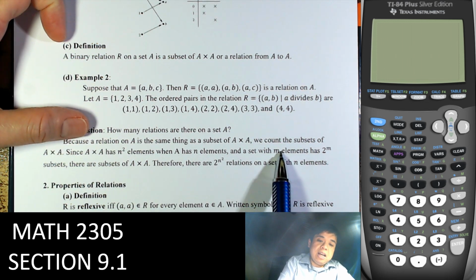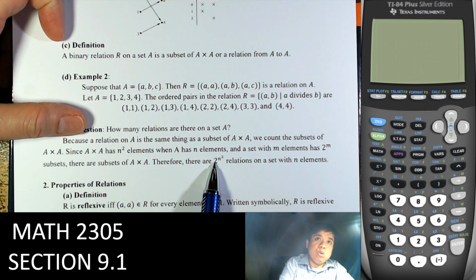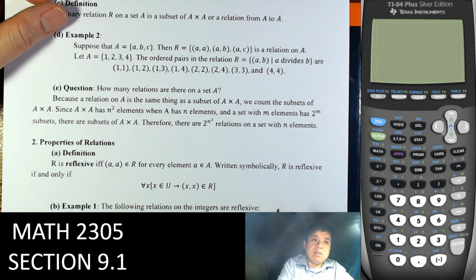Remember, if the set has m elements, it will have 2 to the m subsets. It has n squared elements, so it will have 2 to the n squared relations on a set with n elements.